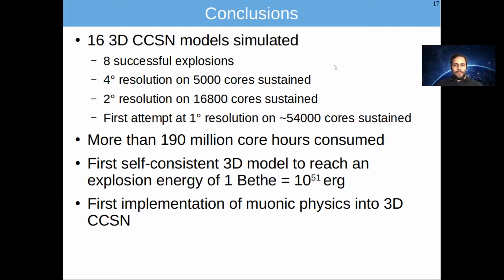We have simulated 8 4-degree models on 5,000 cores sustained, 7 2-degree models on 16,800 cores sustained, and our first attempt at 2 1-degree resolution models running on 54,000 cores. In total, we've consumed 190 million core hours, which yielded the first self-consistent 3D model to reach an explosion energy of 1 bethe, equivalent to 10 to the power 51 erg. And we've simulated the first self-consistent implementation of muonic physics into the 3D core collapse supernova case.